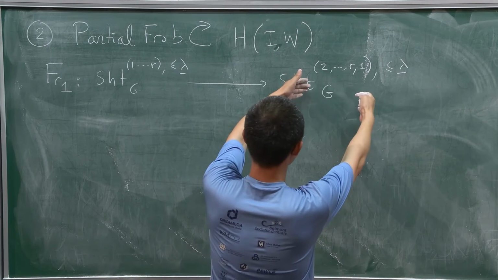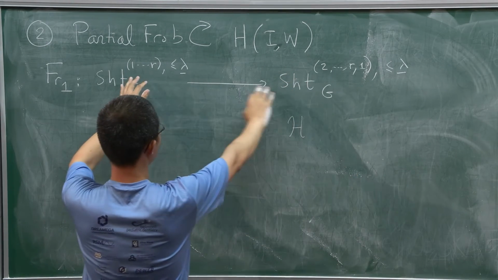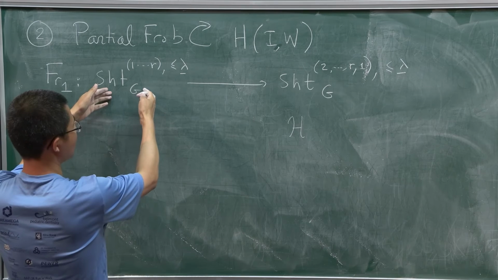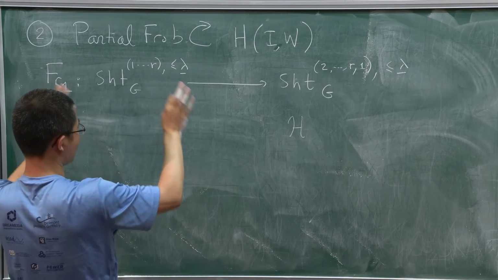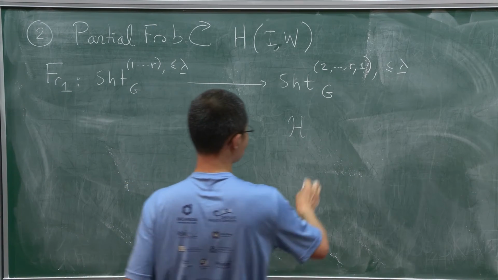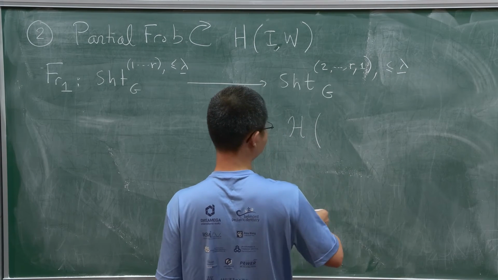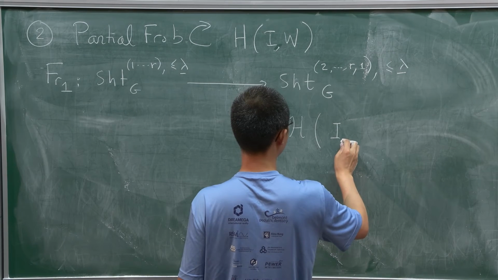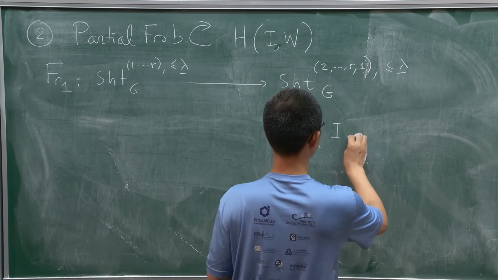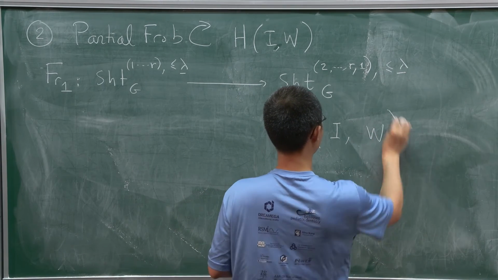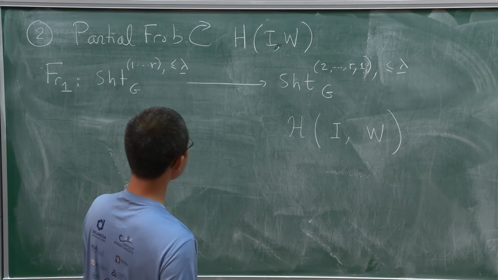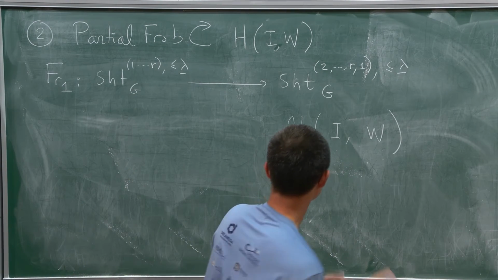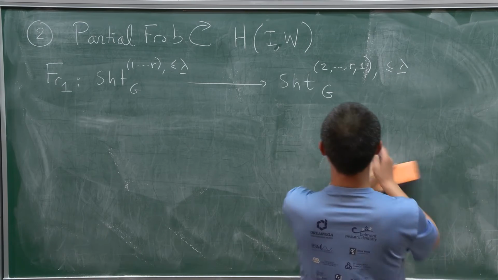So I take the IC complex here. Since this is a homeomorphism, it pulls back to the IC complex here. And then I push forward. What I get is the following. I'll just write the answer. So first, let me do the whole diagram actually.